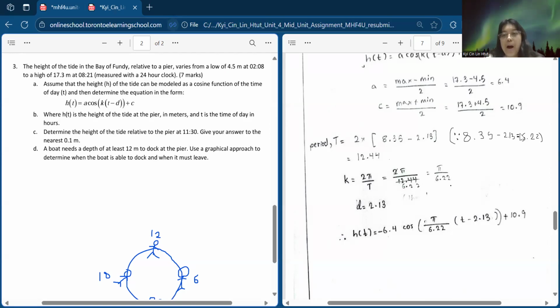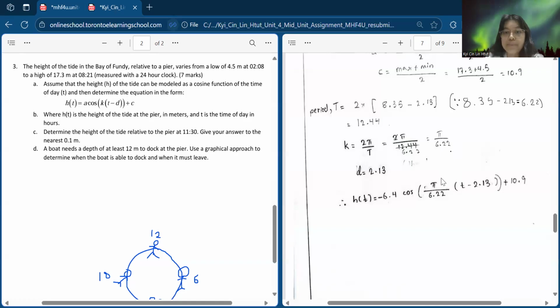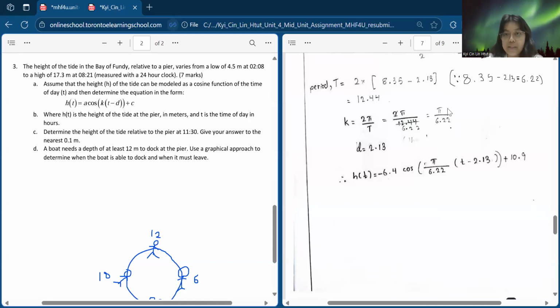So in order to have one full cycle, we have to multiply by 2, which is why I did this. And this is what I get. So when I get the period T, I can calculate the k. I added them into the general equation, and I get this value as k.